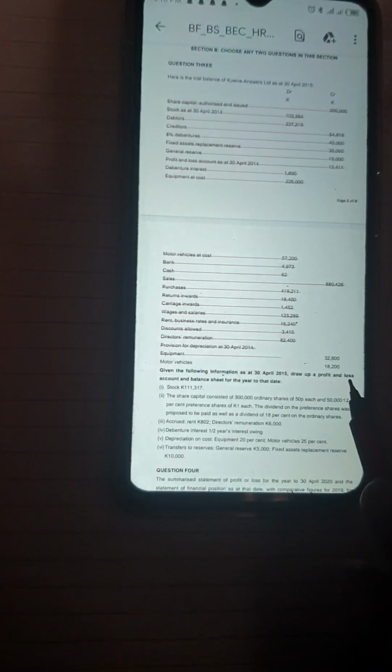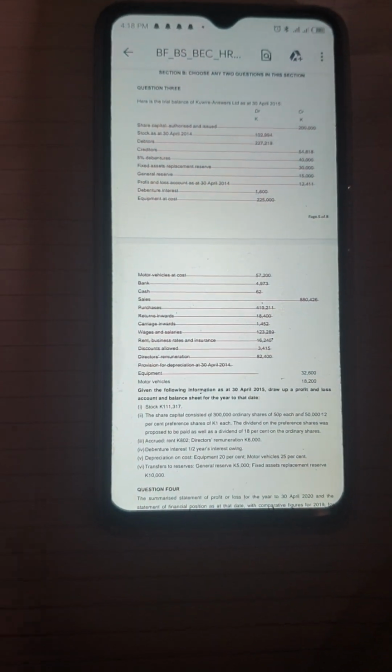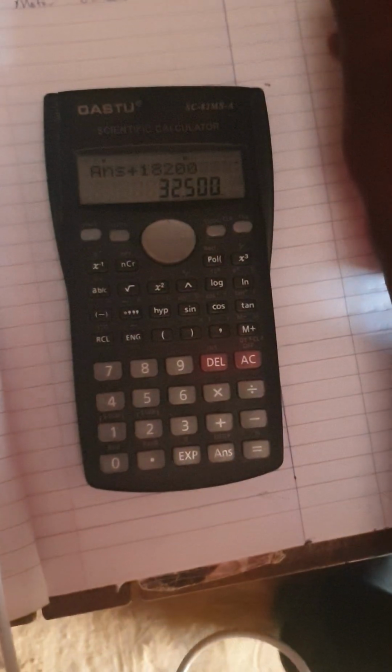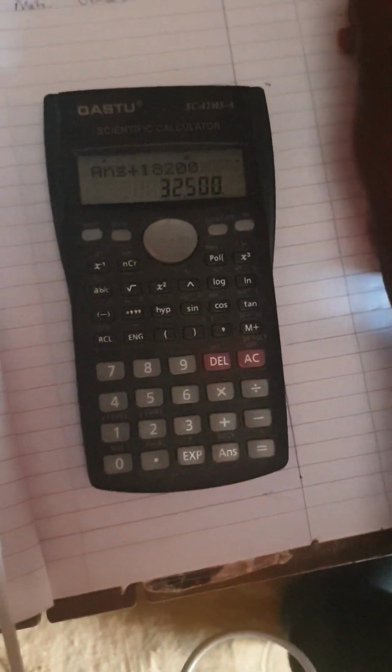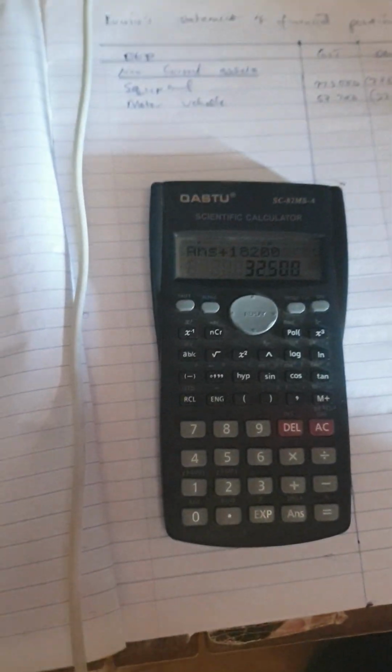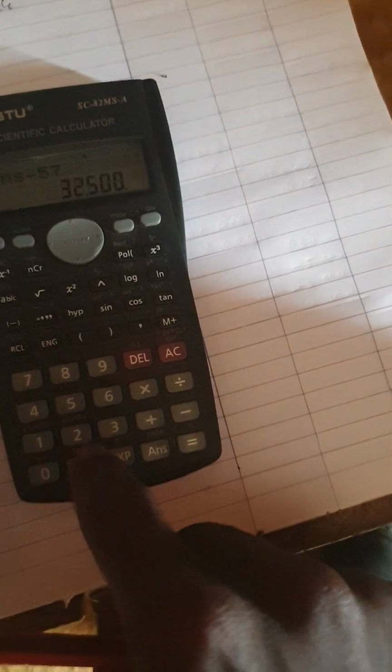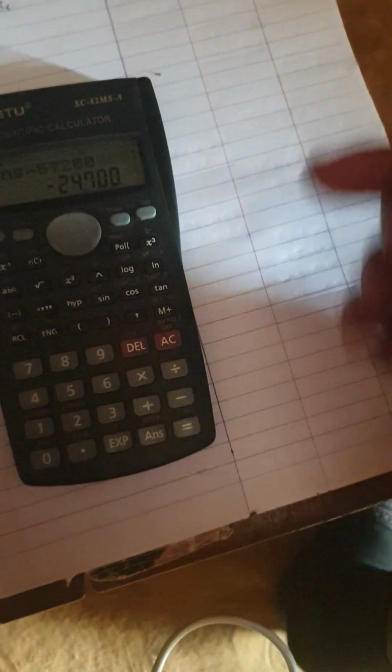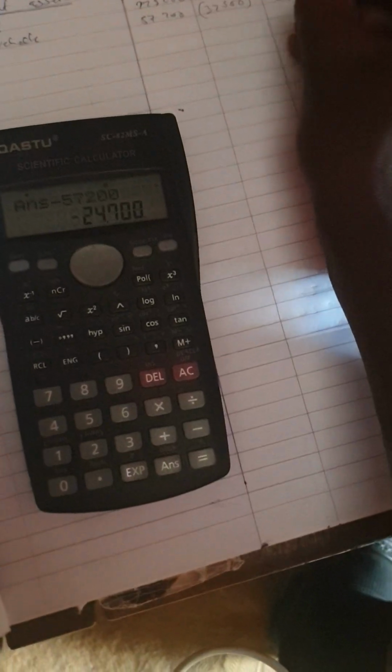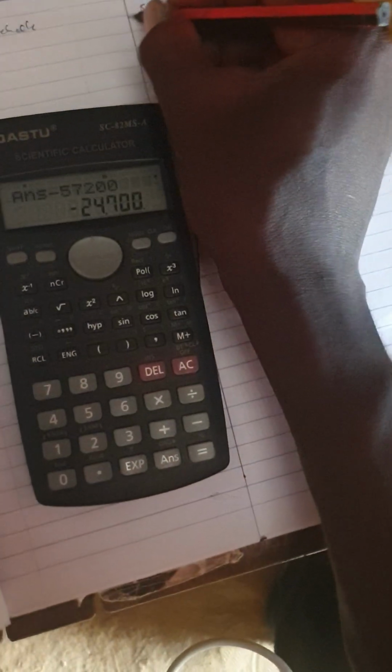Then plus the accumulated in the trial balance, which is 18,200. So we have 32,500 in total. We subtract it from the 57,200 as well, which gives us 24,700. Then we can close these two.